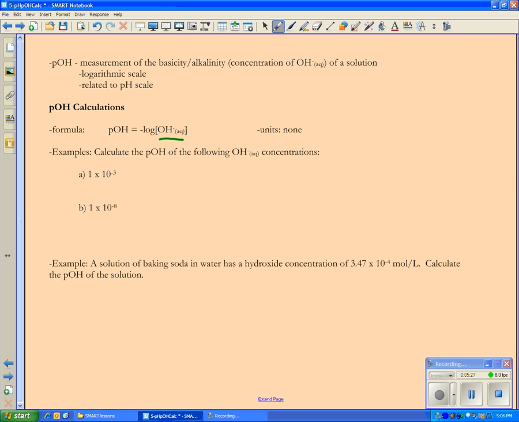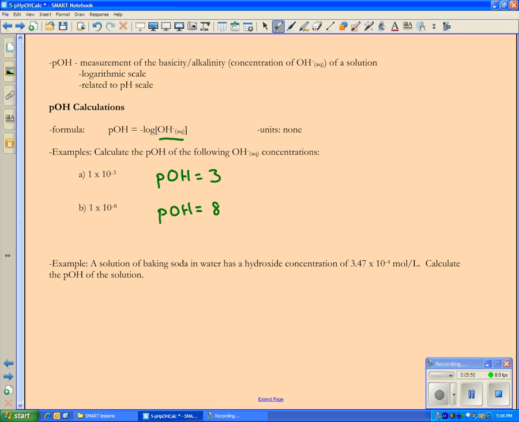So if we want the pOH of a solution that has a hydroxide ion concentration of 1 times 10 to the minus 3 moles per liter, pOH will be equal to 3. And if we have a solution that has a hydroxide ion concentration of 1 times 10 to the minus 8, pOH will be equal to 8.